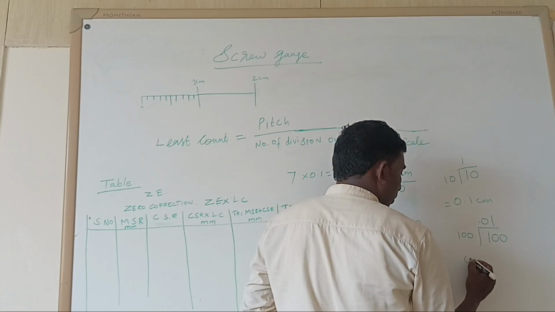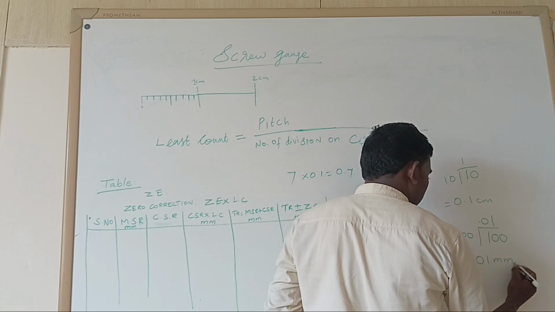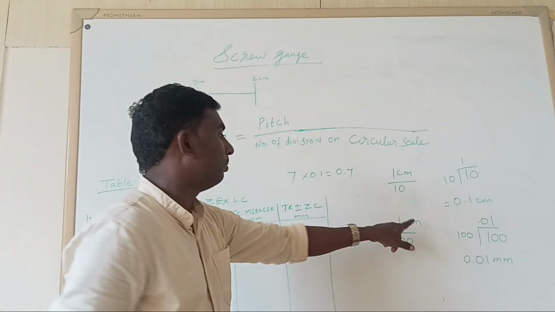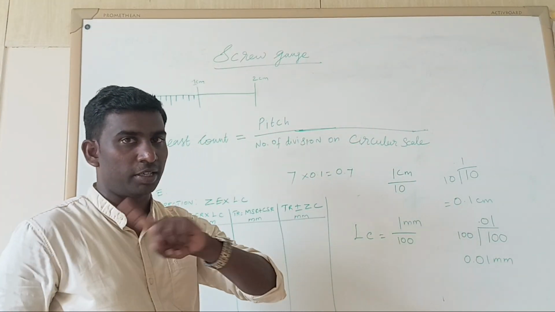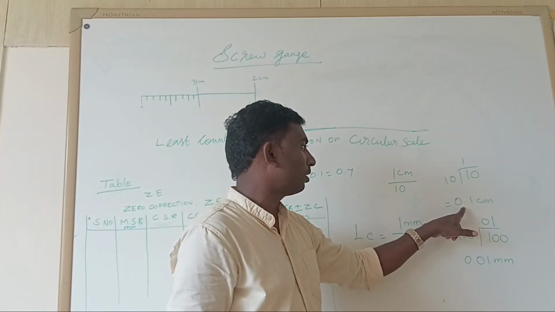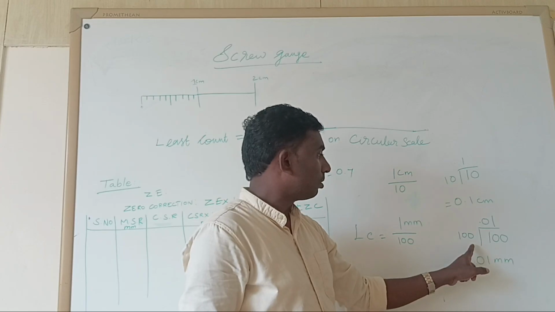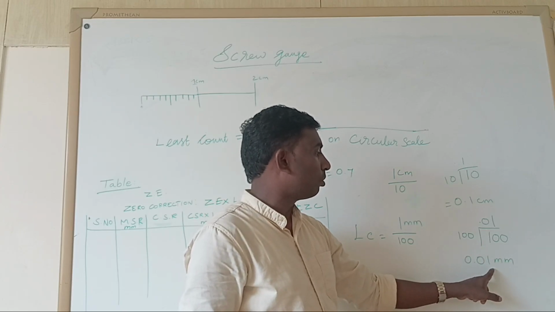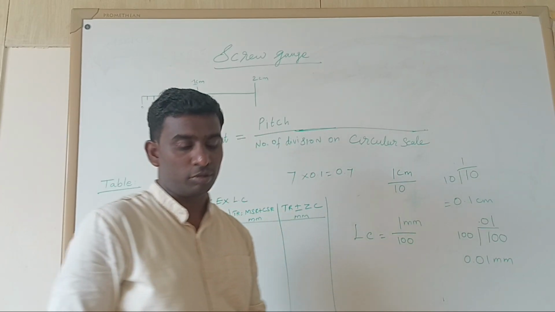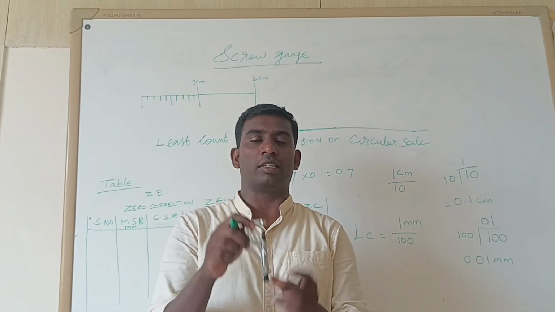So it is 0.01 millimeter. It is in millimeters because we are dividing 1 millimeter. Earlier we divided 1 centimeter, so I wrote 0.1 centimeter. Here it is 1 millimeter, so that is why it is 0.01 millimeter. This is the least count. Using this device we can measure the smallest length.